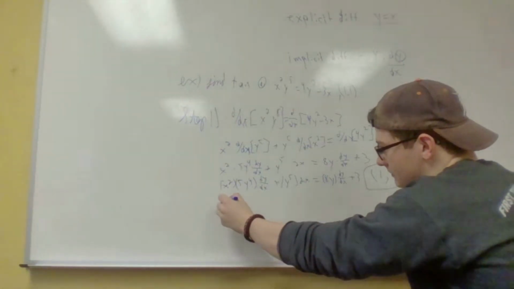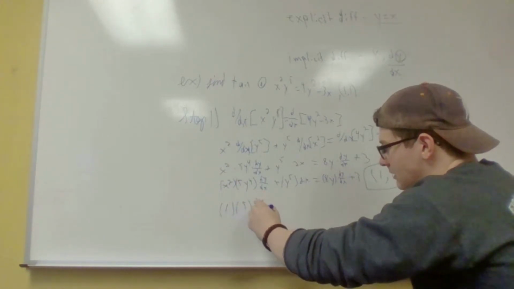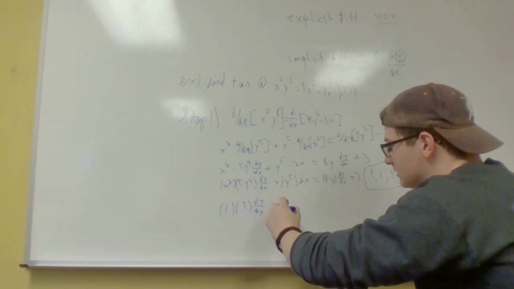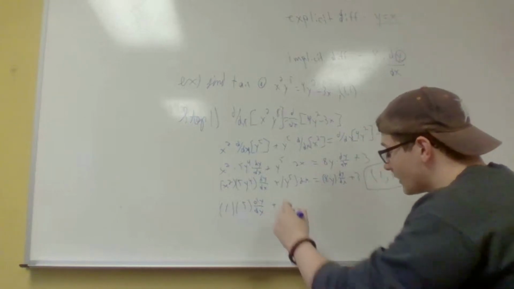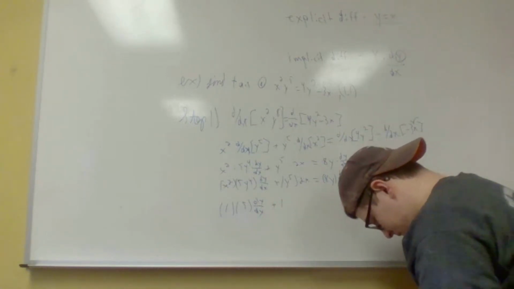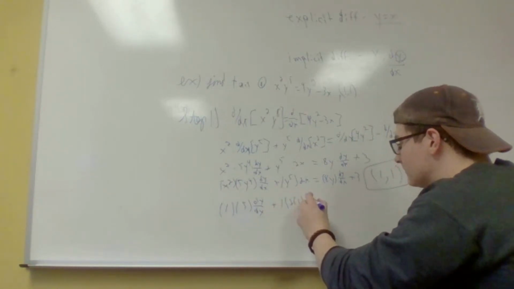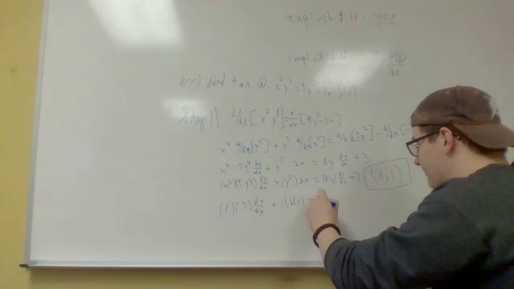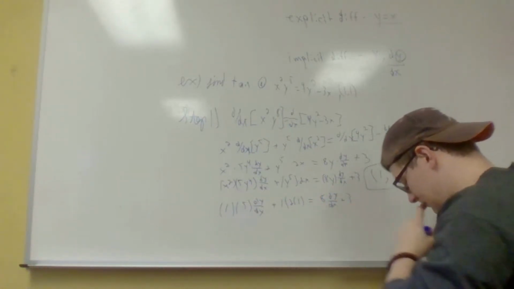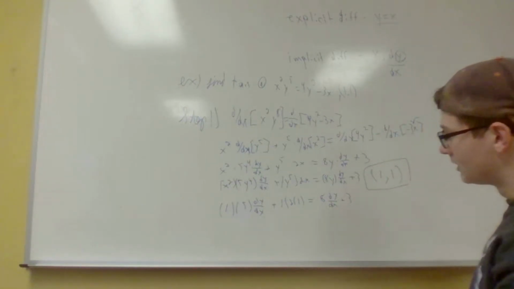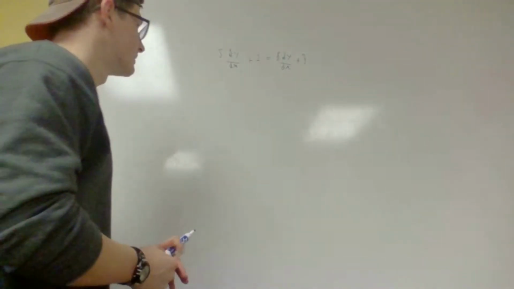So you get 1 times 5 dy dx plus 1 times 2 times 1 equals 8 dy dx plus 3.